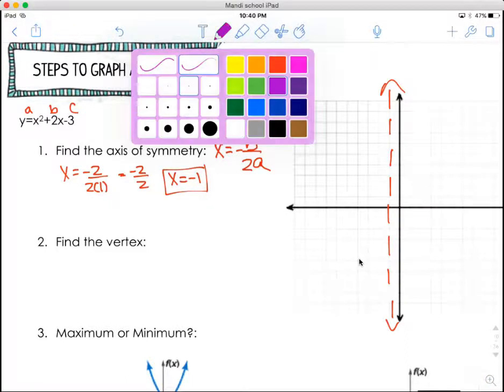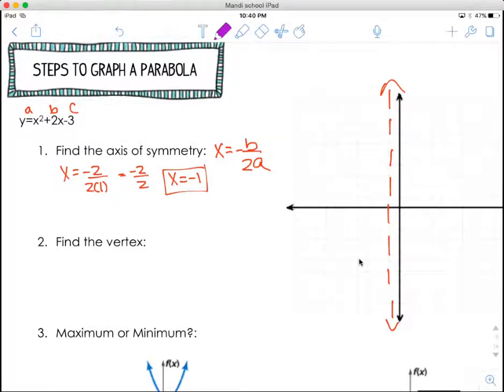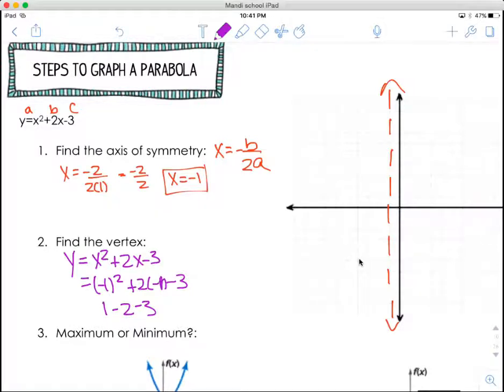Then, to find the vertex, we're going to take that x value and substitute it into the equation that we started with. Negative 1 squared plus 2 times negative 1 minus 3. So that's 1 minus 2 minus 3.